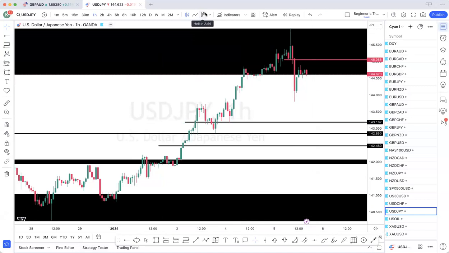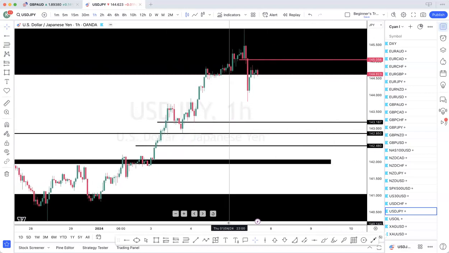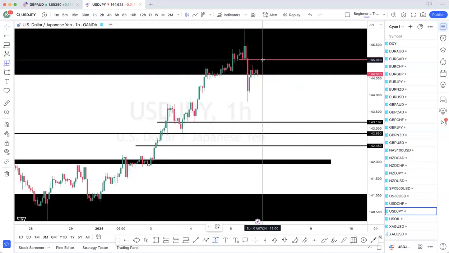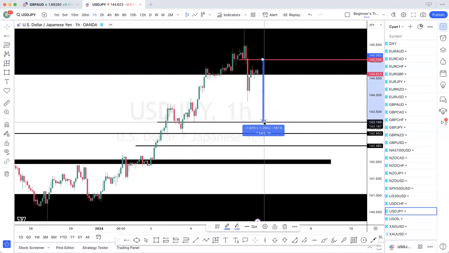So yeah, this could push down a little bit, maybe do a double bottom right here and push back up and then sell back down. And from here to here, there's 180 pips.